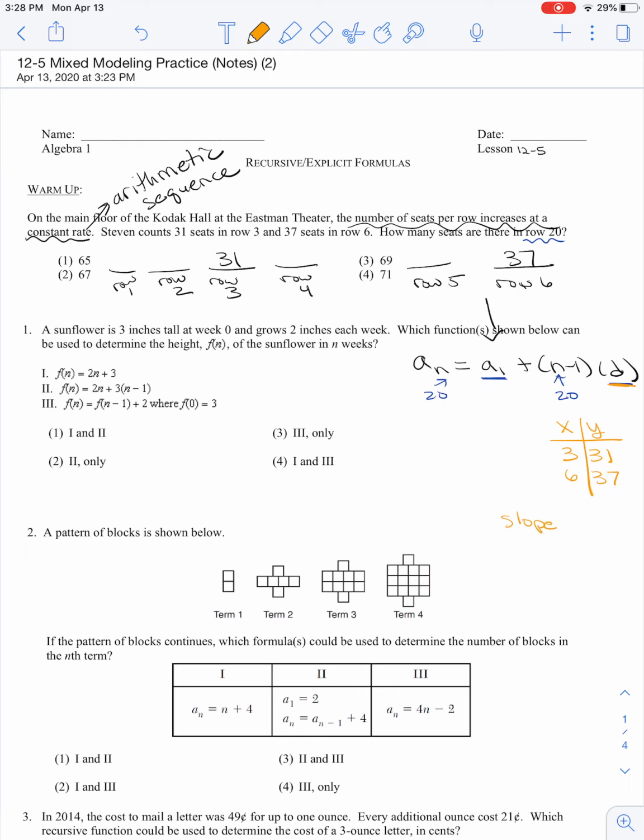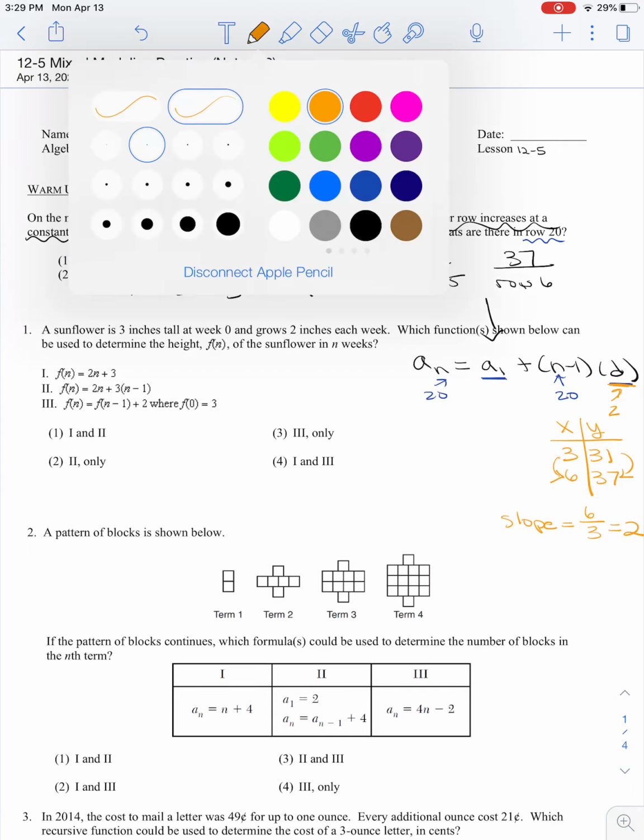So common difference is really just the slope. Change in y, 31 to 37, that would be a 6, divided by change in x, 3 to 6 would be a 3. So my slope is a 2. So my common difference is a 2. So this value right here is going to be a 2.